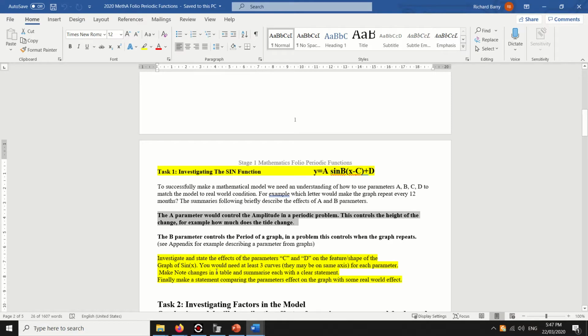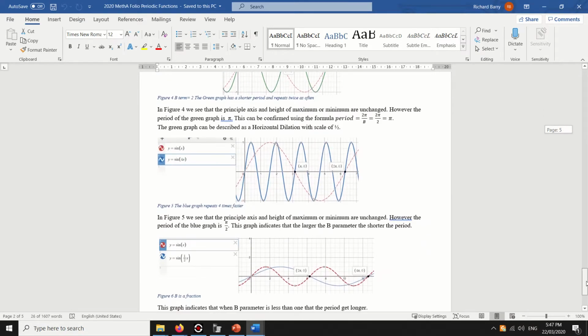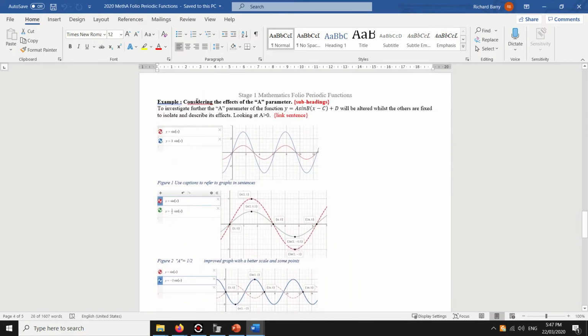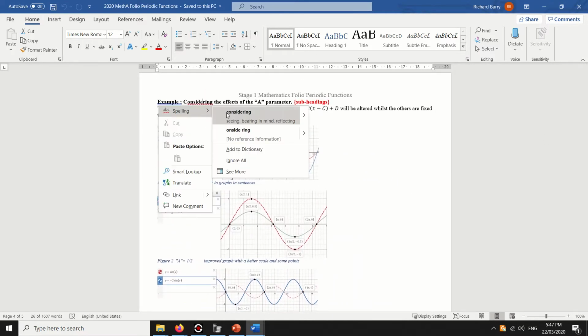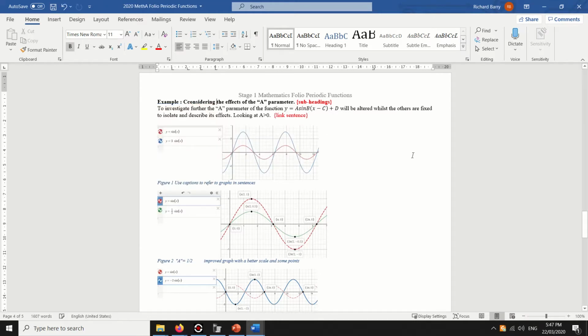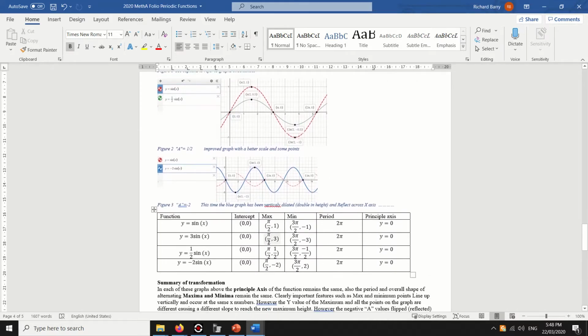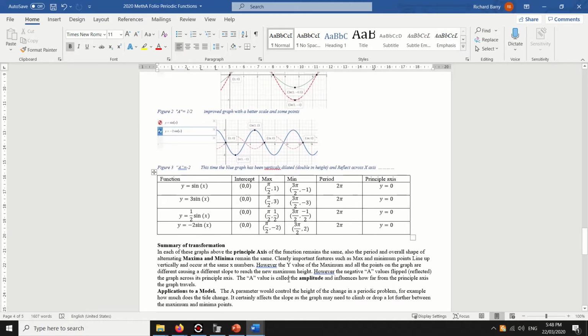Here, I have included at the end of the folio project 2 different examples of how you might go about that. This example has 2 or 3 graphs, collects all the information at the end, and then discusses the information.